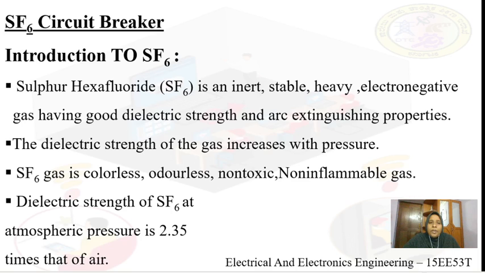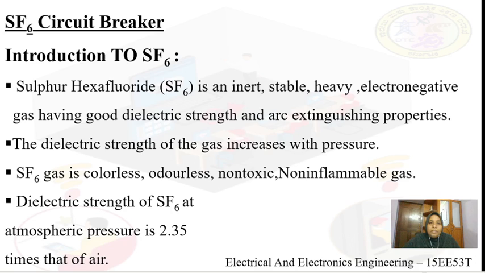Next, the important property we just discussed is that it has a high dielectric strength. When compared to air, which itself is a good dielectric medium, SF6 gas has a dielectric strength more than air. How much? 2.35 times that of air.